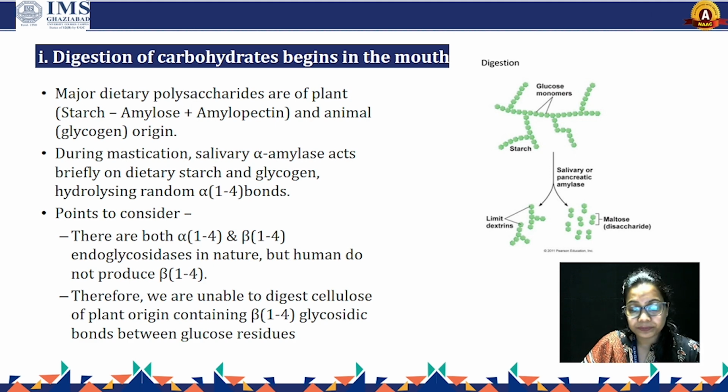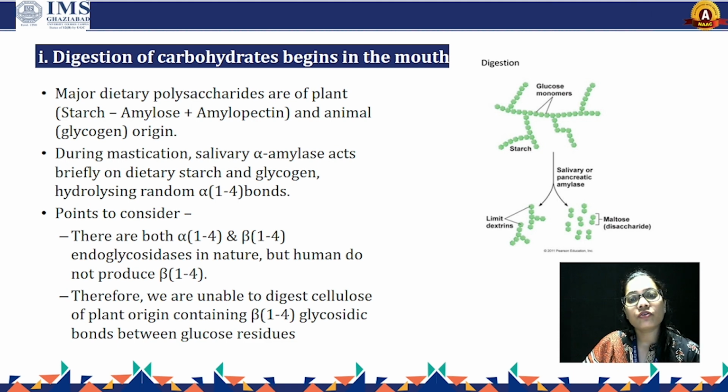Now, the salivary alpha amylase action does not convert all the food in the mouth into the complete disaccharide or simplest monosaccharide form, because in the mouth the food stays hardly for 3 minutes. So it doesn't get enough time for the process.